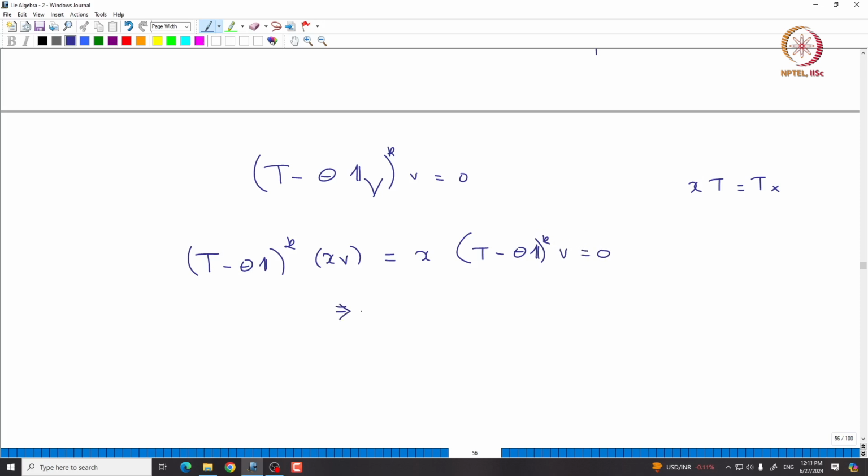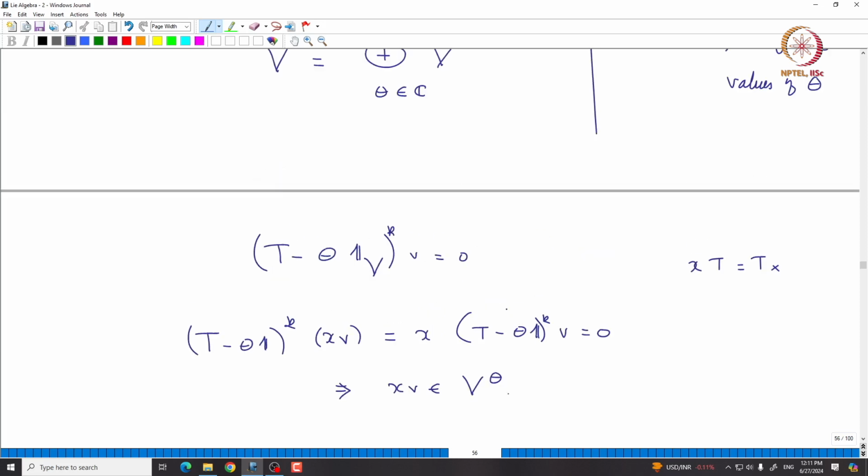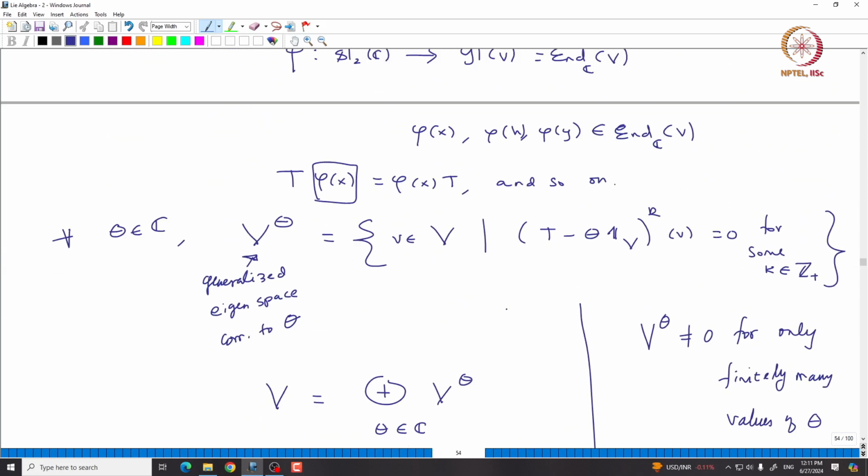So this tells you that x v is again inside V theta. So if you have operators that commute with T, then the generalized eigenspaces of T become invariant under those operators. In particular it will be invariant under phi of x, phi of y, phi of h, so it is invariant under the entire sl2 action.